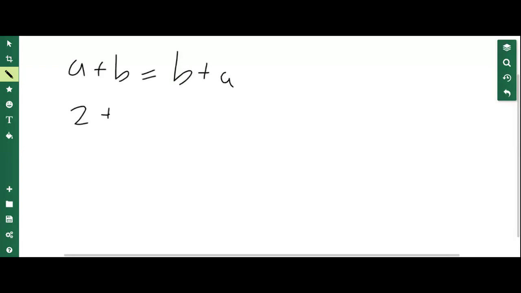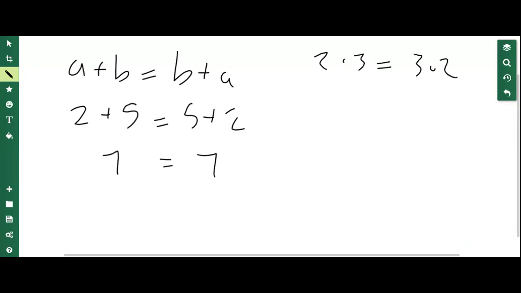So real quick, the properties of addition and multiplication. It won't be on the quiz or anything, but it's just nice to know, right? Like I said, 2 plus 5 and 5 plus 2. It's going to be the same thing. 2 plus 5 is 7, but if I do 5 plus 2 first, it's still going to be 7. For multiplication, I have 2 times 3 and 3 times 2. It's still going to give me back the same product. 2 times 3 is 6, but if I do 3 times 2 first, it's still going to give me 6.